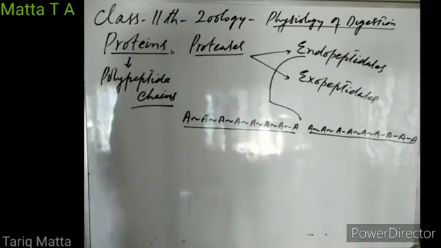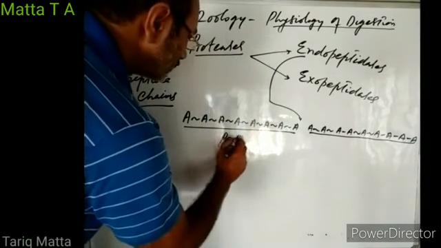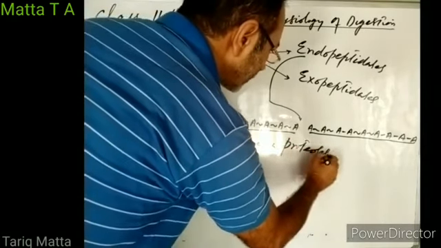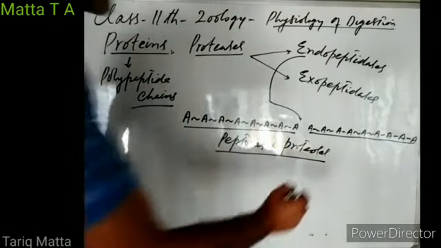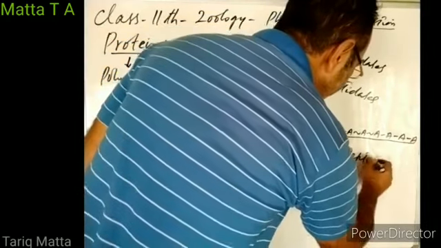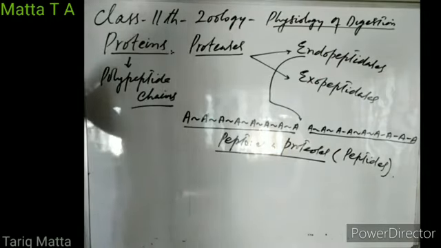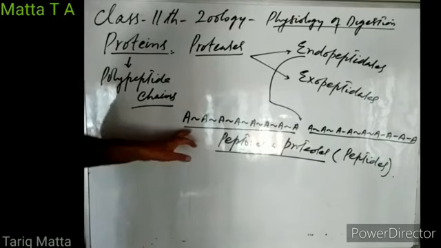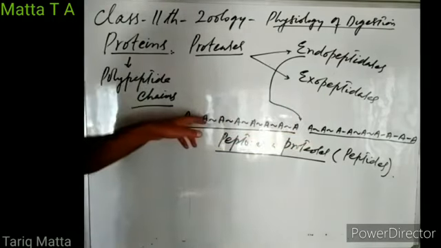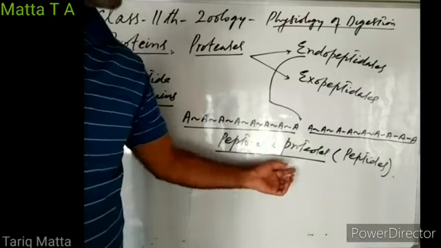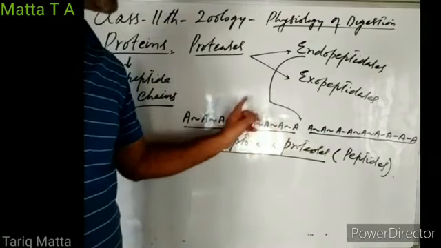These fragments are known as peptones and proteoses, or we simply call them peptides. So they break polypeptides into small peptides.